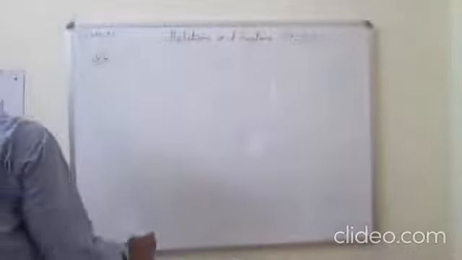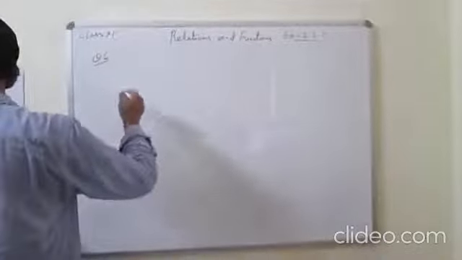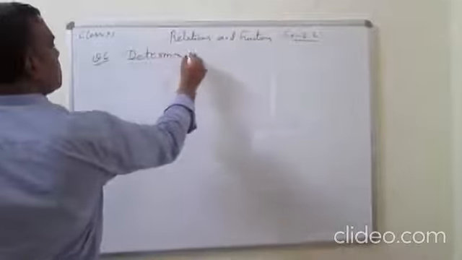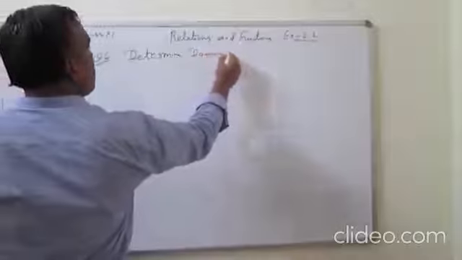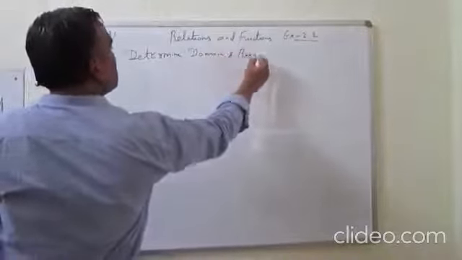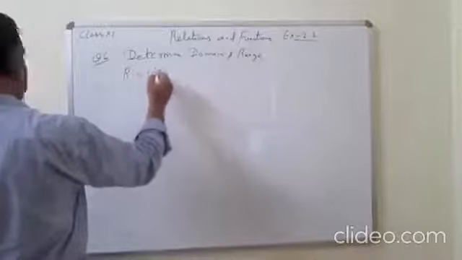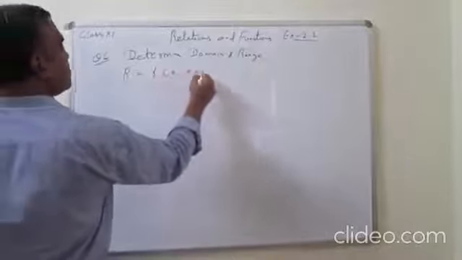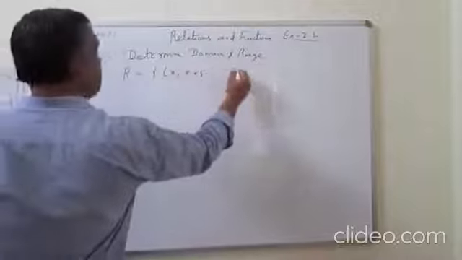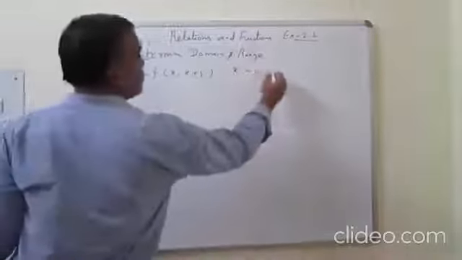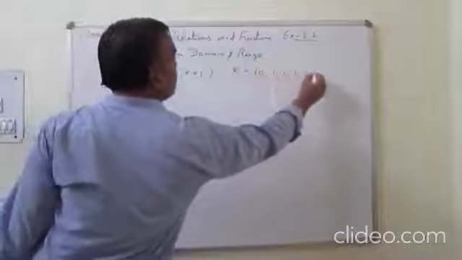Determine the domain and range of the relation R defined by R = {(x, x + 5) such that x belongs to {0, 1, 2, 3, 4, 5}}.